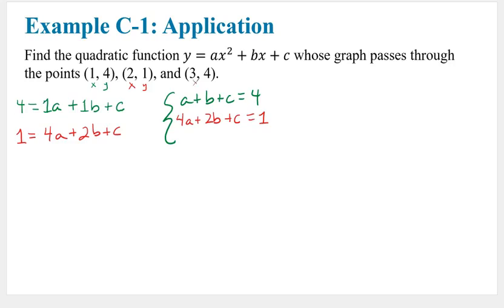And then plug in your third point. So the y is going to be 4, and this time your x is going to be 3. So 3 squared is 9, so that's going to be 9a plus 3 times b, which would be 3b plus c. All right, so there is my system that I need to solve to figure out this problem.